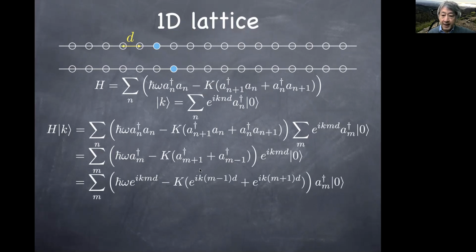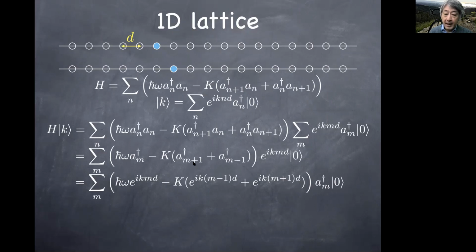I just let this a_m dagger act on the vacuum state, and I keep the exponential factor next to this h bar omega. So here I just reshuffle the ordering of the factors I have for this state. Here I haven't done anything.